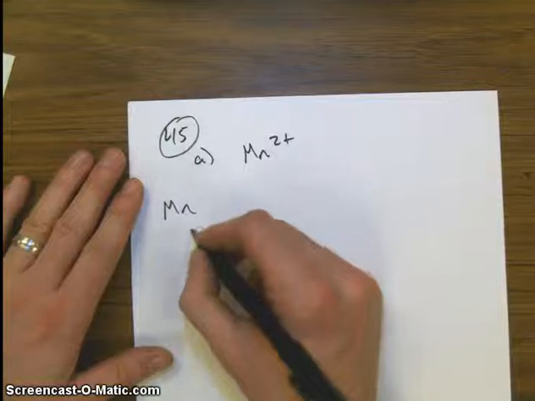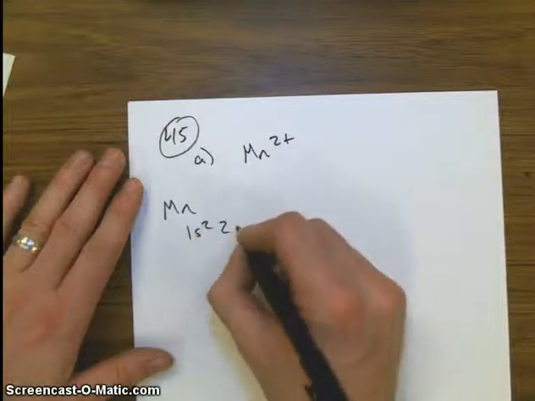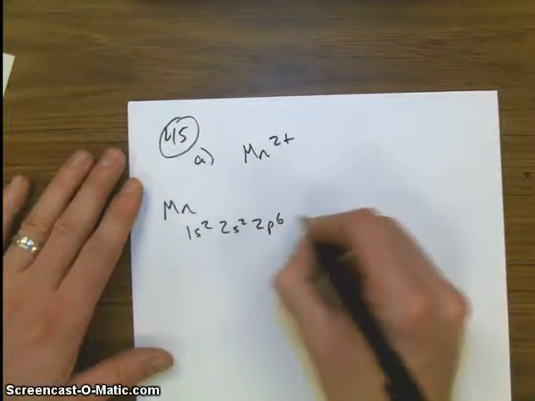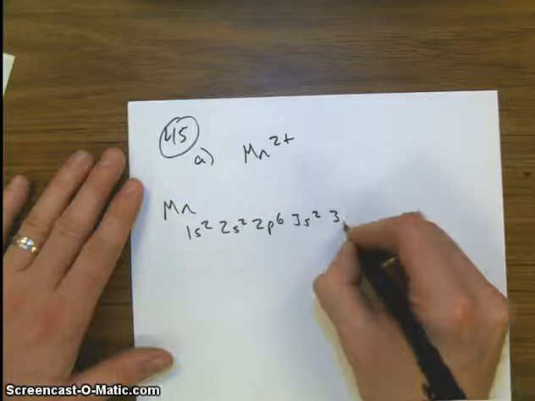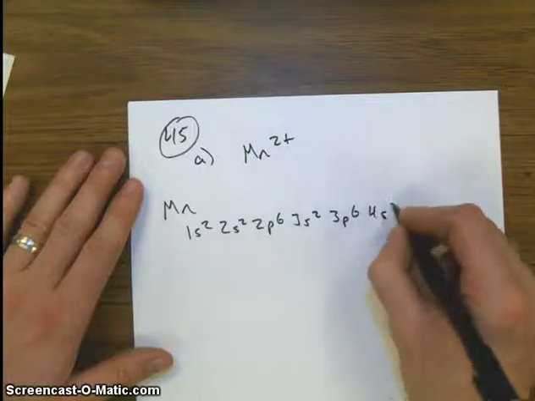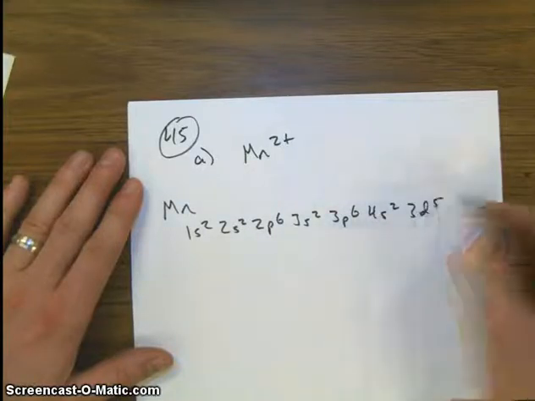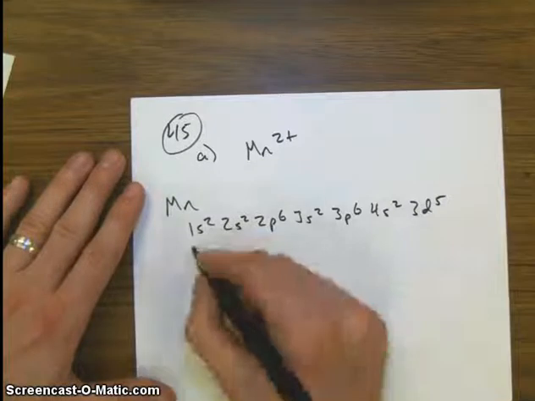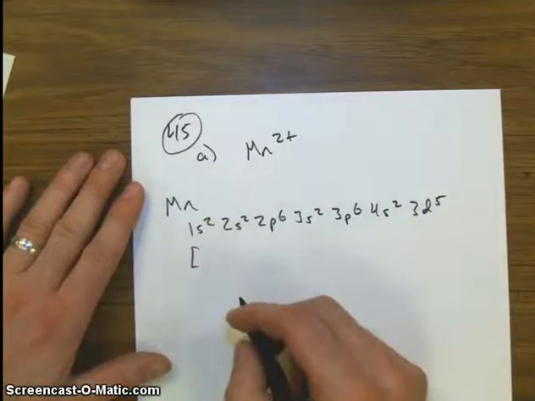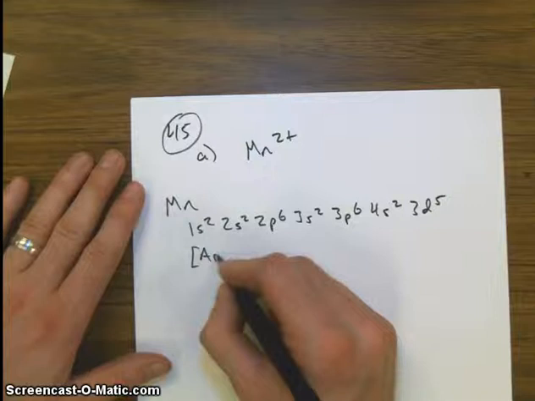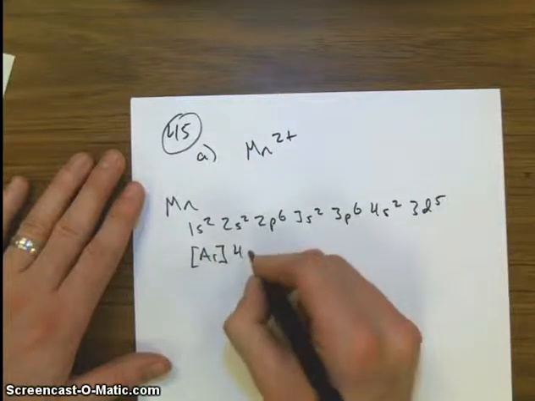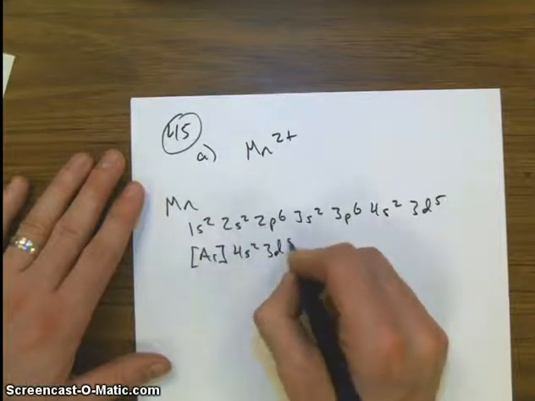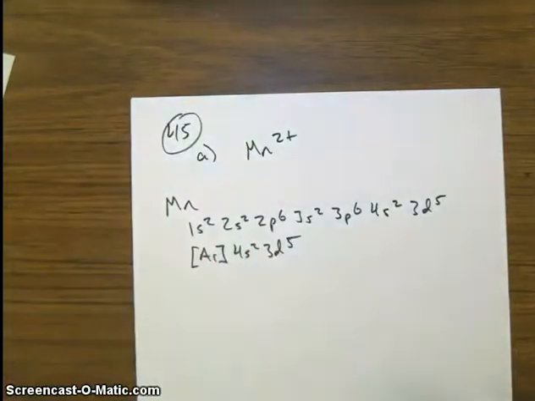Manganese has a regular electron configuration that's fairly long. It's 1s2, 2s2, 2p6, 3s2, 3p6, then you fill in the 4s before you jump down to the d. So this is the regular electron configuration for manganese. The noble gas electron configuration would be Ar 4s2, 3d5. This question says that it has a positive 2 charge, which means you're losing 2 electrons.